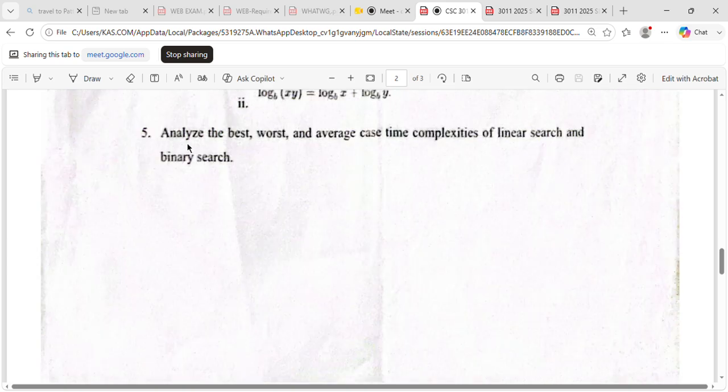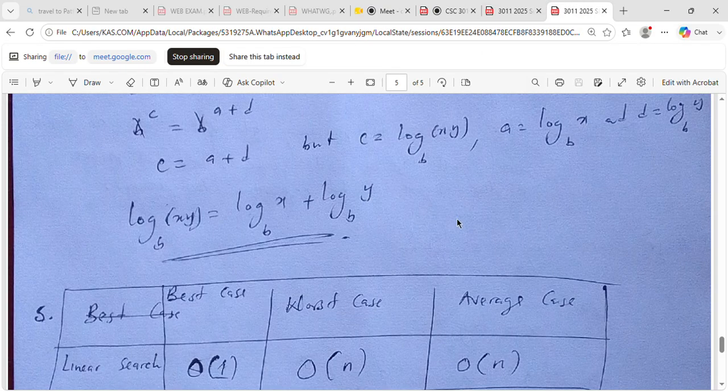Okay. So analyze the best, worst, and average case time complexity of linear search and binary search. I think we have discussed this.